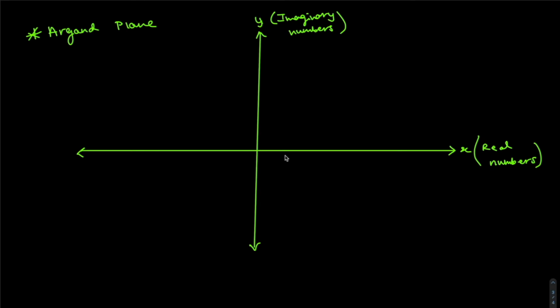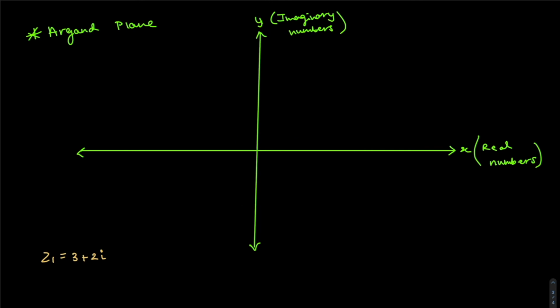So now suppose let's take a few examples of random complex numbers. If we have z1, maybe we have 3 plus 2i. So z1 is equal to 3 plus 2i. So how would we plot that on the Argand plane?